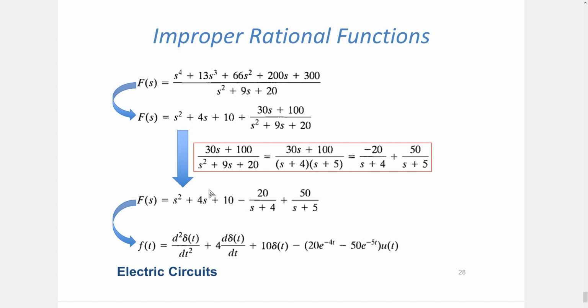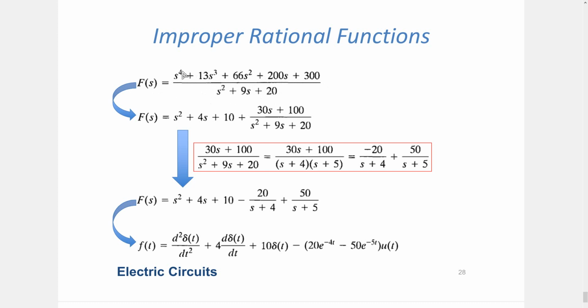In that case, our expression can be rewritten. Here we have F(s) equals s to the 4 plus 13 s cubed plus 66 s squared plus 200 s plus 300, divided by s squared plus 9s plus 20.